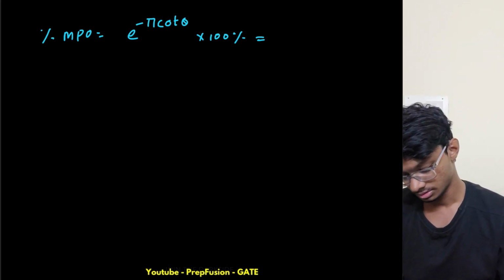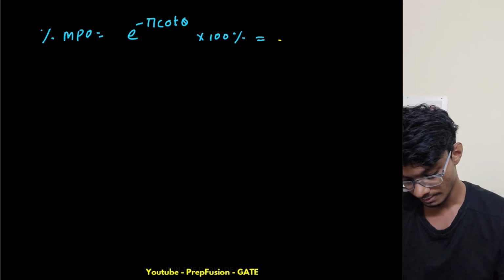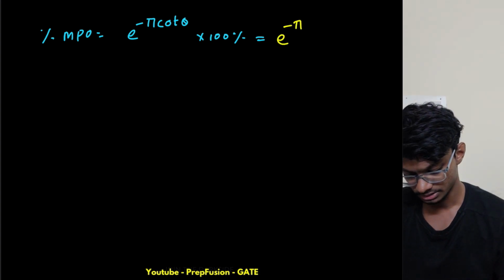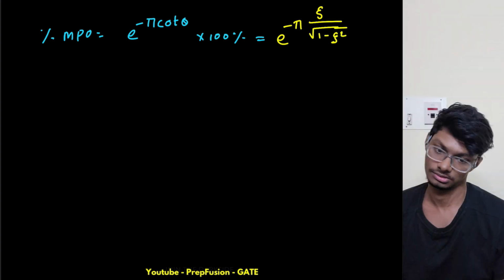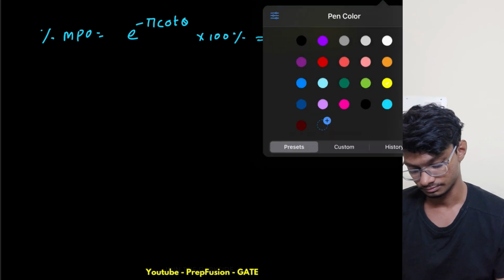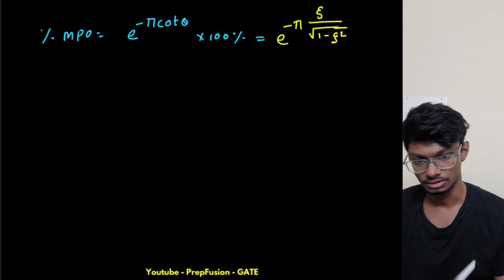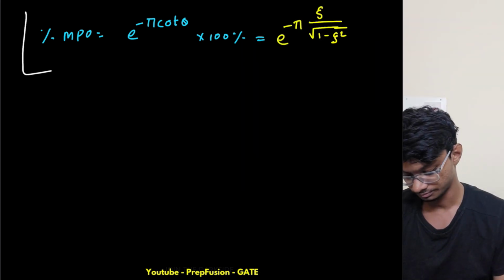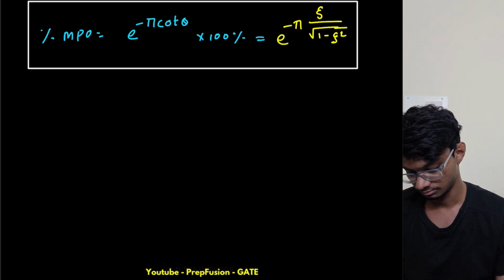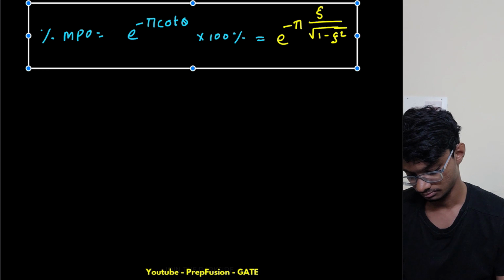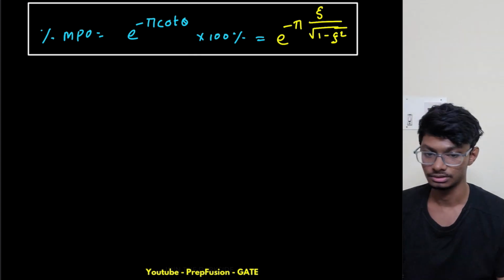So it will be e raised to power minus pi zeta upon under root 1 minus zeta square. So this is my formula.